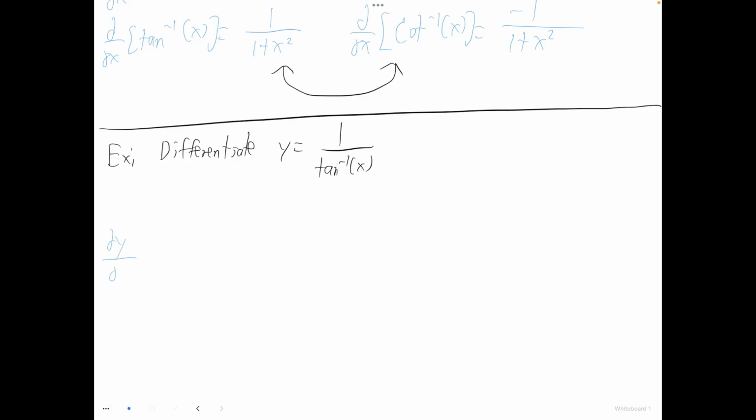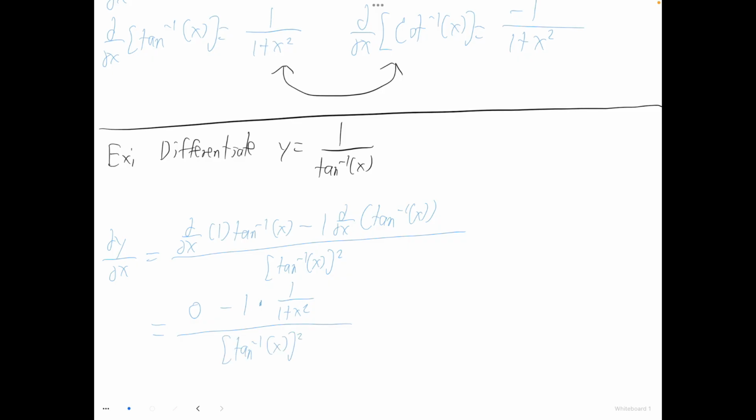So we've got dy over dx is the derivative of the top times the bottom minus the top times the derivative of the bottom, all divided by the bottom squared. The derivative of 1 is 0, so this first term just becomes a 0, so we have 0 minus 1 times the derivative of tangent inverse, well, that's 1 over 1 plus x squared, then dividing this by tangent inverse of x all squared.